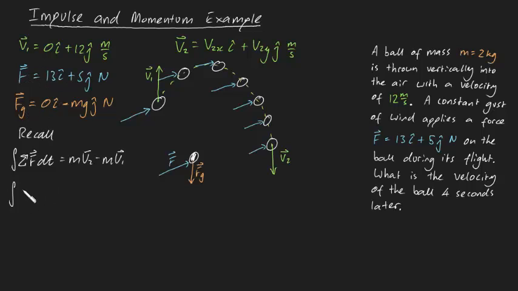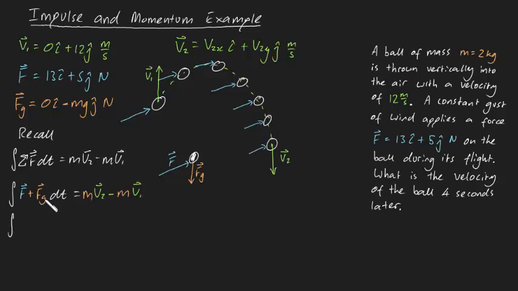So it's going to be the integral of F plus Fg dt, equal to your mass, which is 2 kilograms but I'll just write it as m for now, times v2 minus mv1. This just becomes a substitution game here.